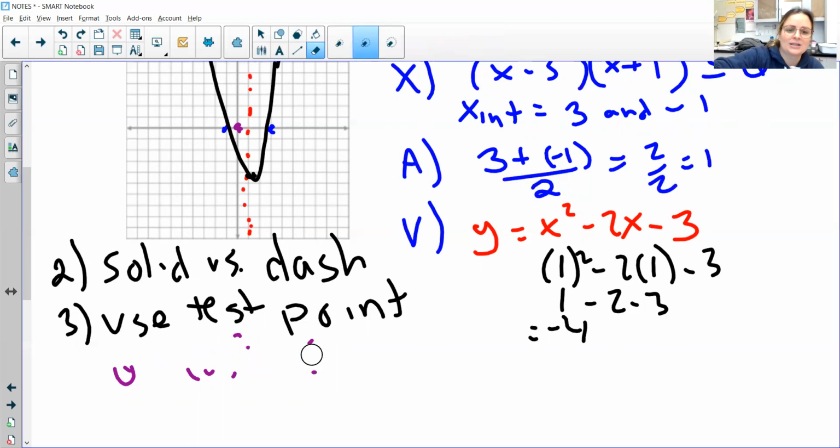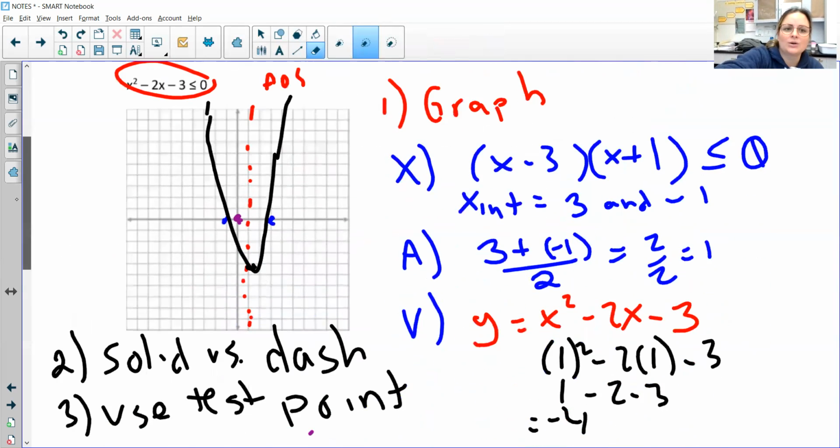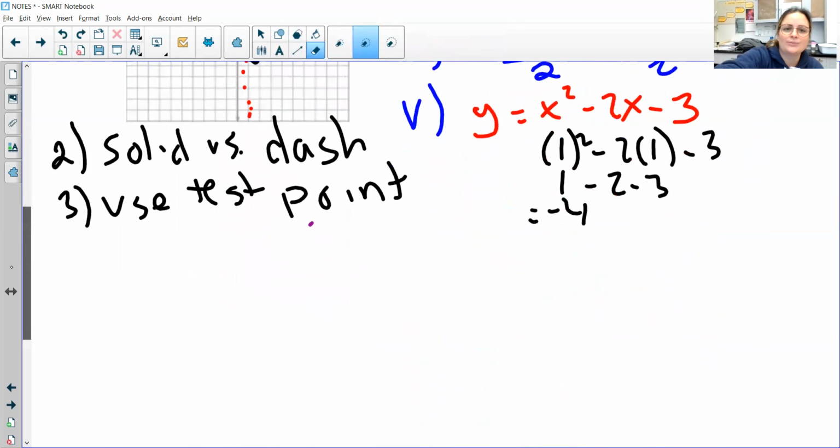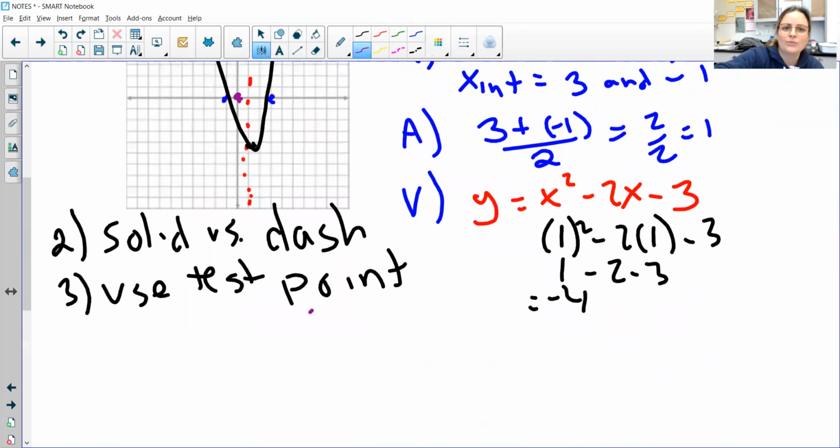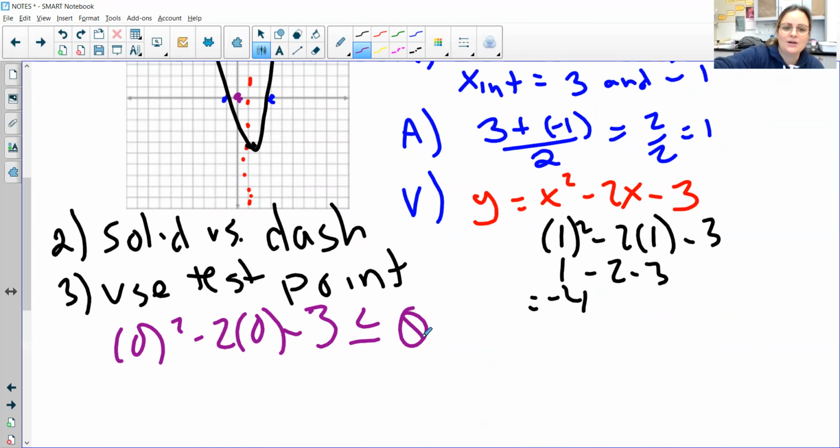Let me put it back to the original. And I was using equals instead of the inequality. So it was in this orientation. So 0 squared minus 2 times 0 minus 3 is less than or equal to 0. Is -3 less than or equal to 0? Yes, it is. So this is true.